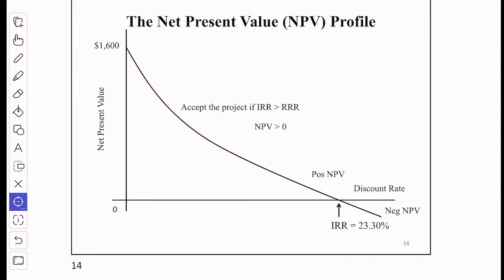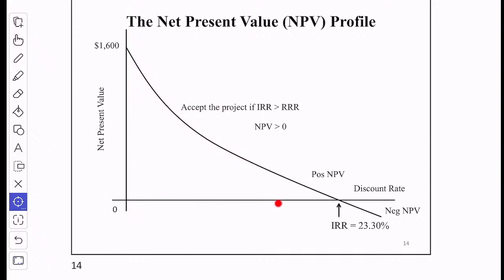All right, so looking further at this graph, for all these levels of the discount rate, what do we see? What is NPV, positive or negative, for all of these? Just answer the question and then I'll get into the detail.